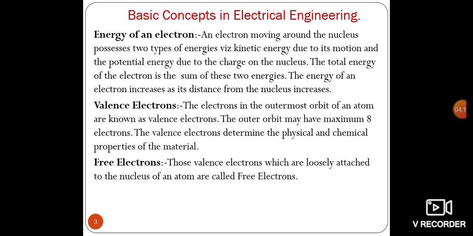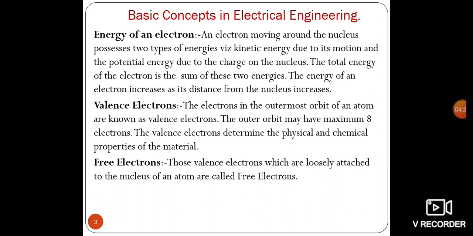Free electrons. These valence electrons, which are loosely attached to the nucleus of an atom, are called free electrons. So, in a conductor, there are a number of atoms, and each atom has some electrons in the outer orbits.